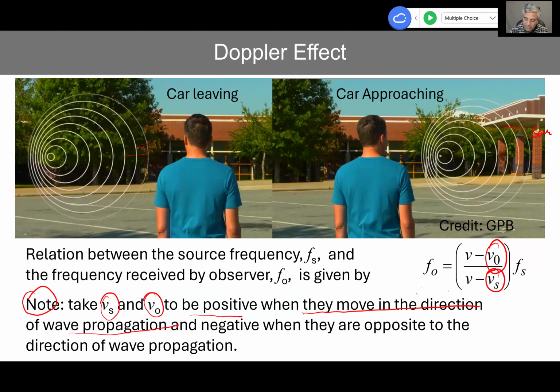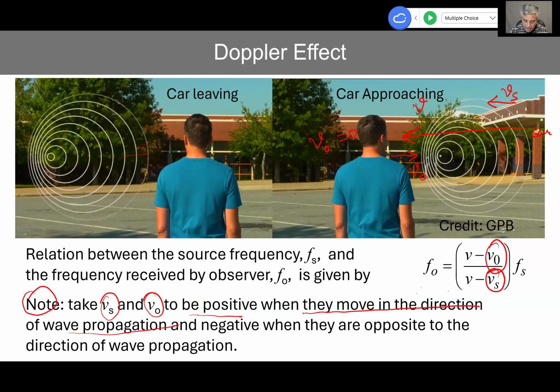That means sound is coming to our ear, so sound is moving this way, and the sound wave is moving this way. And the ambulance, for example, is also moving that way. So that's going to be the velocity of the source. In this case, this person is not moving, so the velocity of the observer is 0. But if this person was moving this way, then we could say, okay, that's the velocity of the observer.